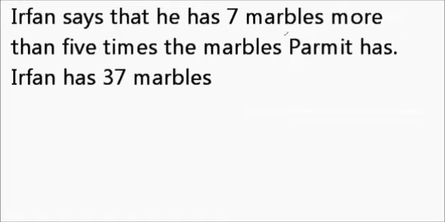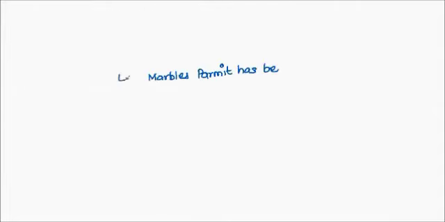Let's do 4.16. Irfan says that he has 7 marbles more than 5 times the marbles Parmit has. So let the marbles Parmit has be m. Therefore, how much does Irfan have?